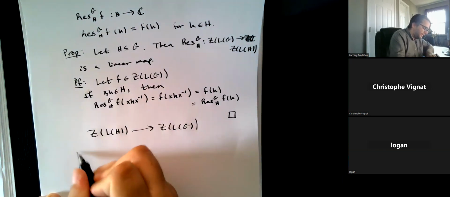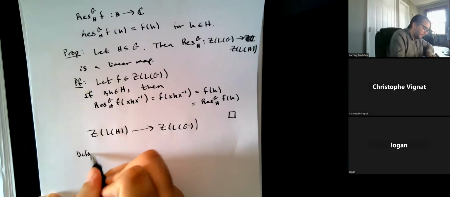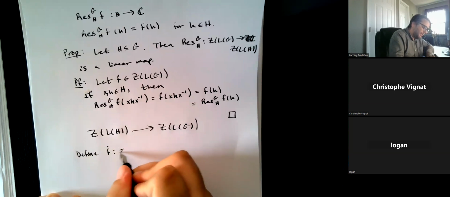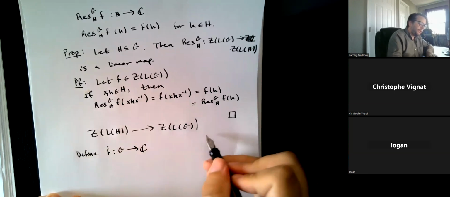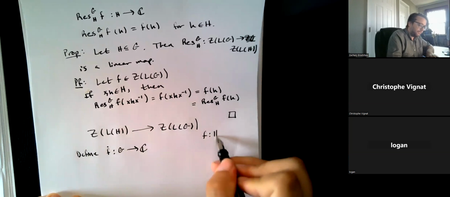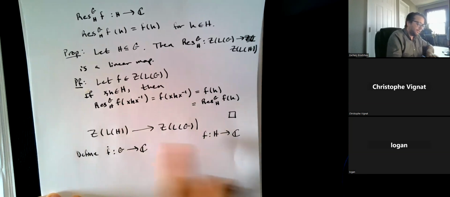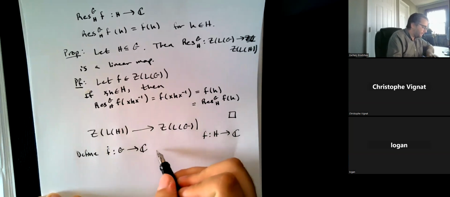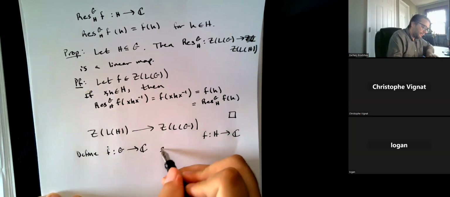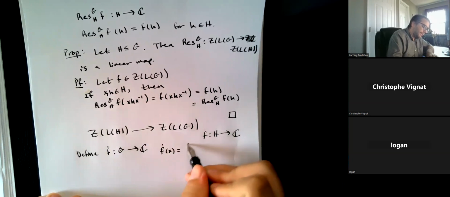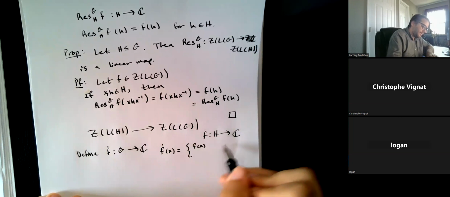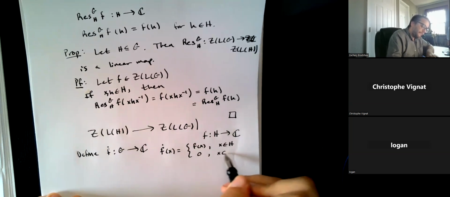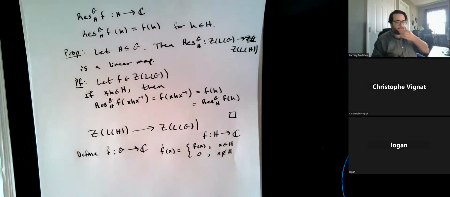So let's define f dot from G to C. So f here is meant to be a function from H to C. This is a class function on H. We can define this by f dot of x is f of x when x is in H and 0 otherwise. That seems like the pretty obvious thing to try.